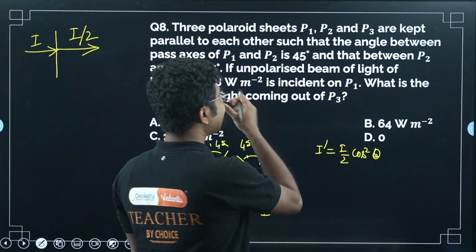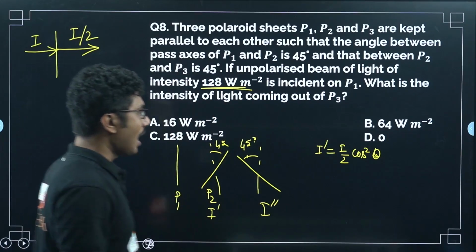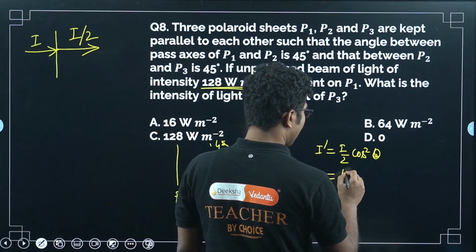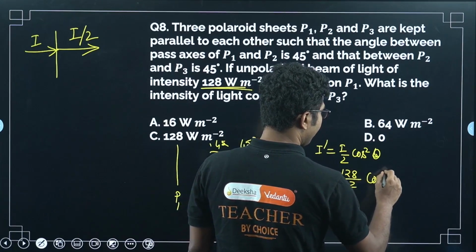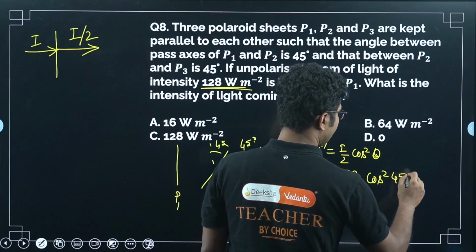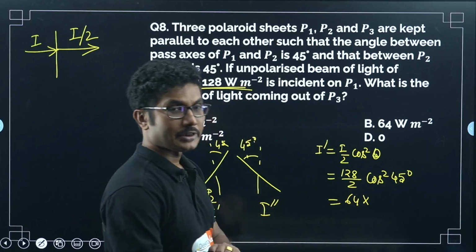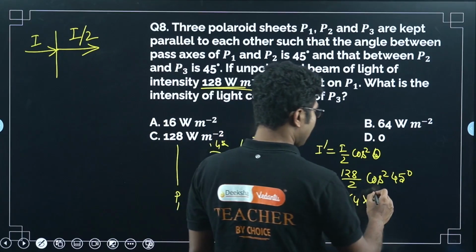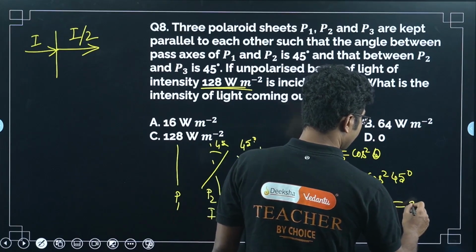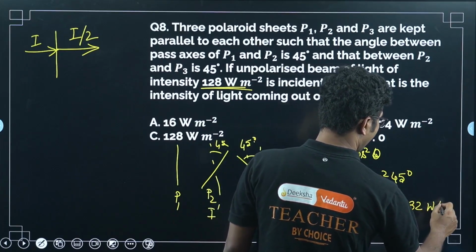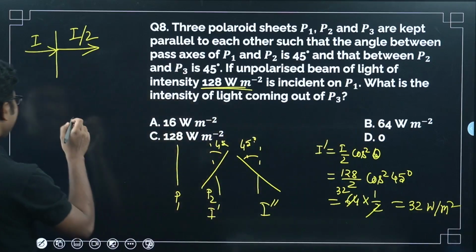Now I is given as 128 watt per meter square. So 128 by 2 cos square 45 degrees. 64 times cos square 45, which is 1 by root 2 whole square, that is 1 by 2. So 32. Now what is the final intensity?